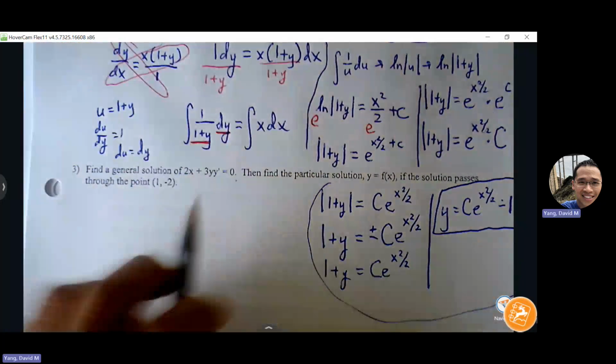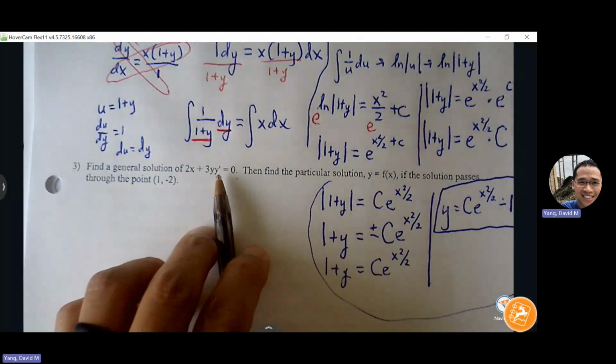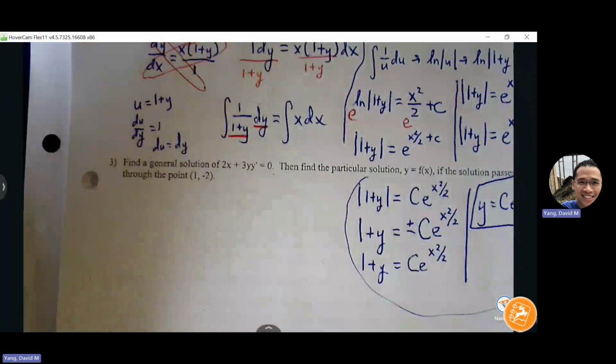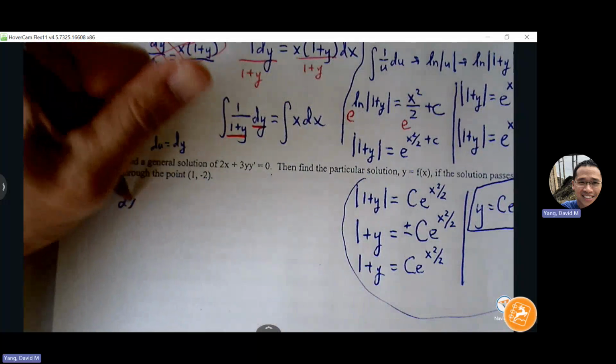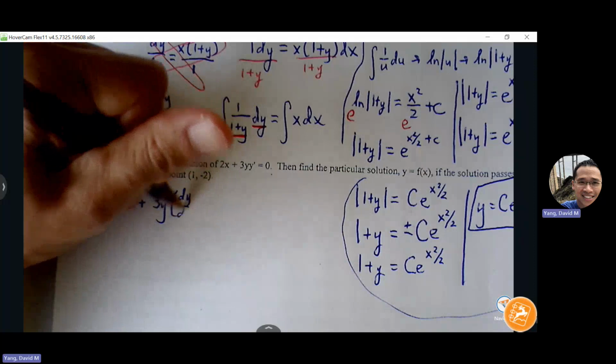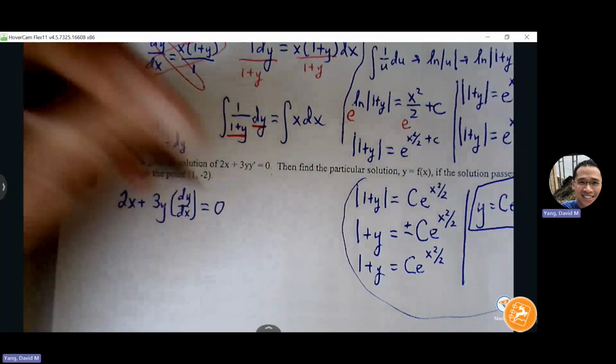Okay. So first thing I like to do is get my dy dx to show up. I think dy dx is the same thing as y prime, but dy dx is more visually helpful. It helps us make sure that everything is in the right places. So I'm going to rewrite the problem here. 2x plus 3y dy dx equals 0.